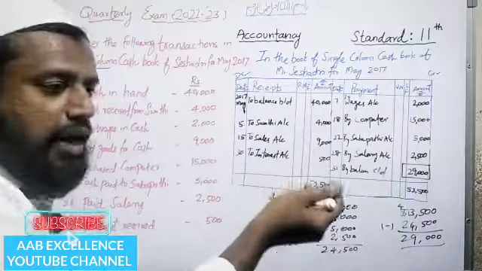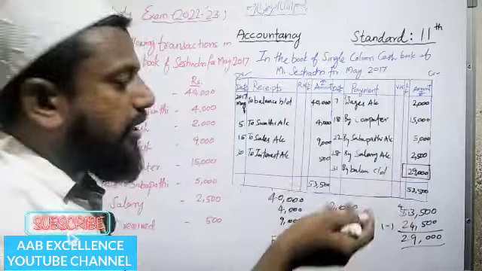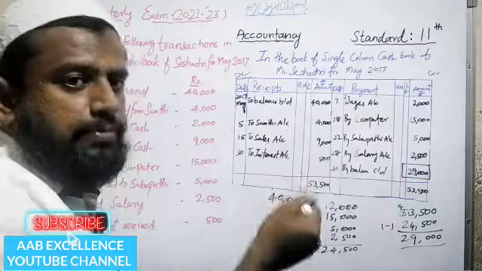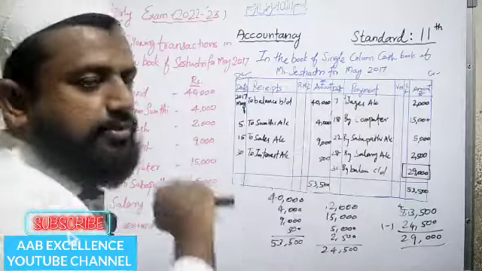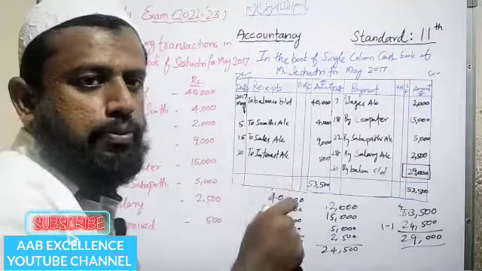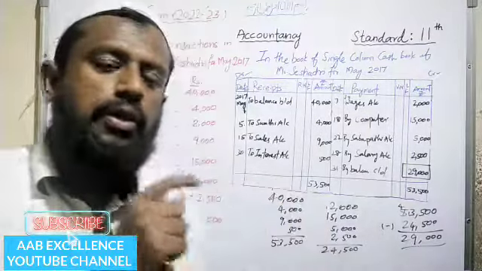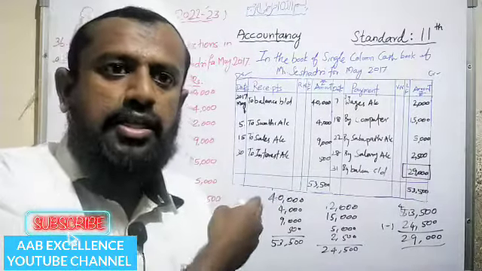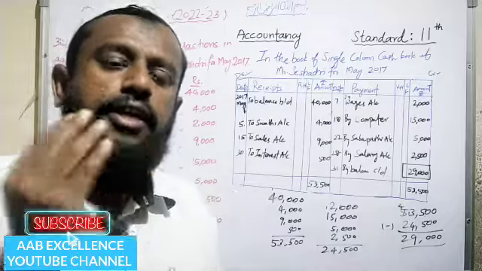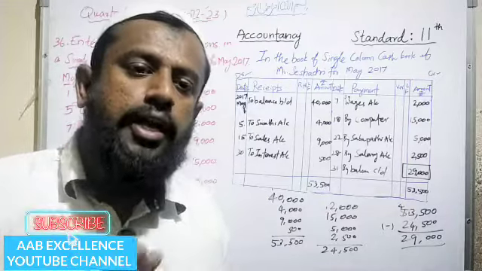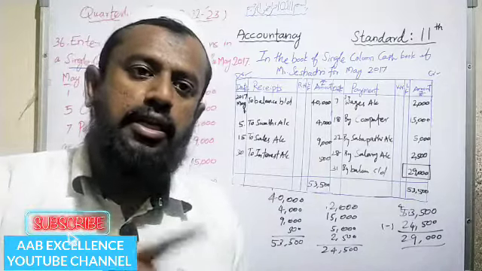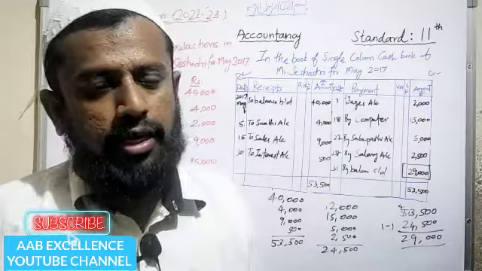Then if we get any commissions or sales, whatever it may be, the cash received you have to record on the receipt side. So this is a very, very simple cash book. This is a very, very simple question. There is a 99% chance, 99% this will be an important question for the half yearly exam and the annual exam also.